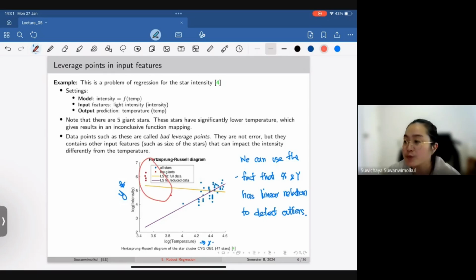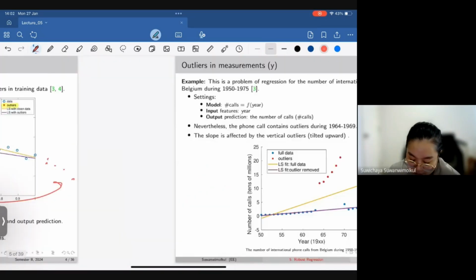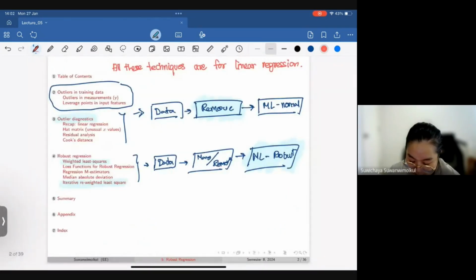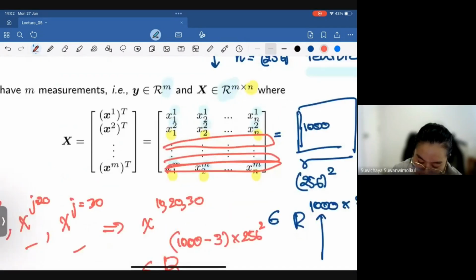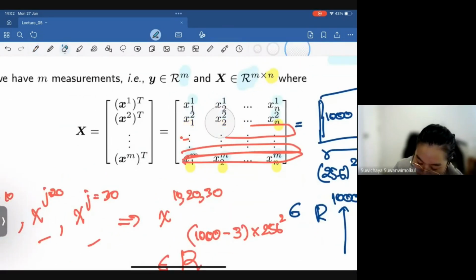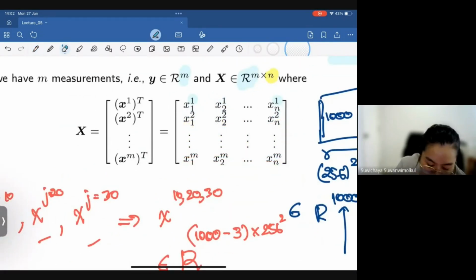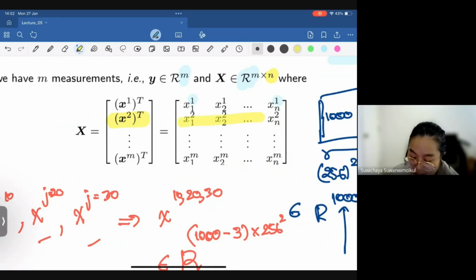And when we say we remove them, let's go back to the slides where I first explained the j sample. Let's say I can identify that x superscript 2, the second sample, is a bad leverage point.